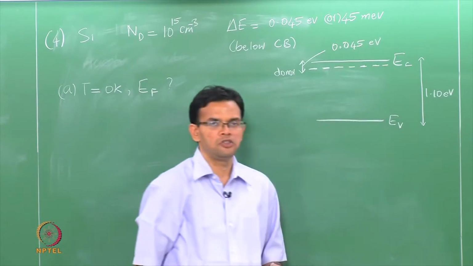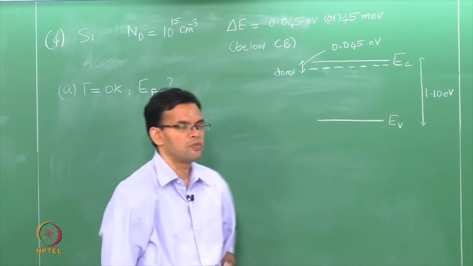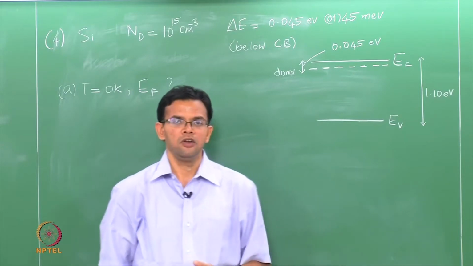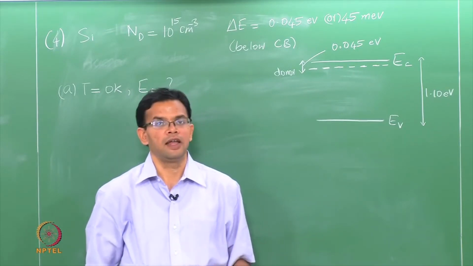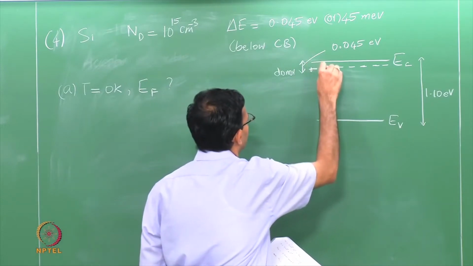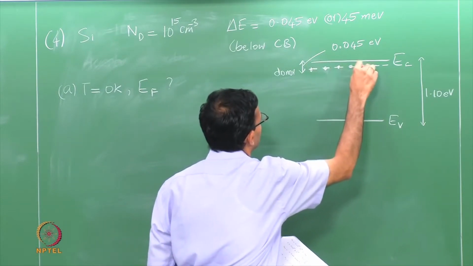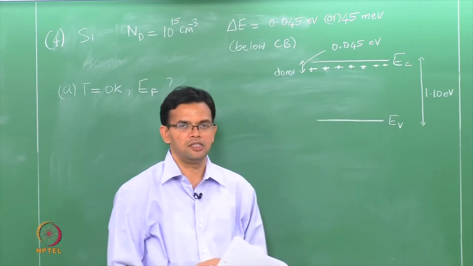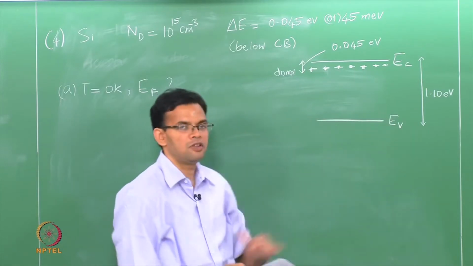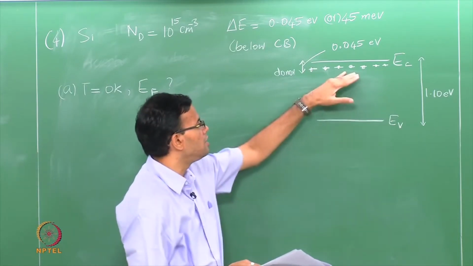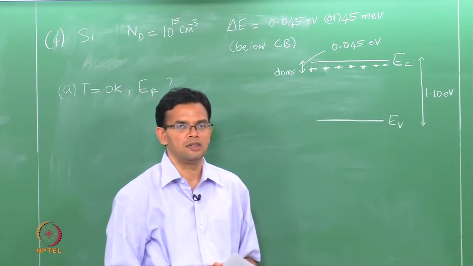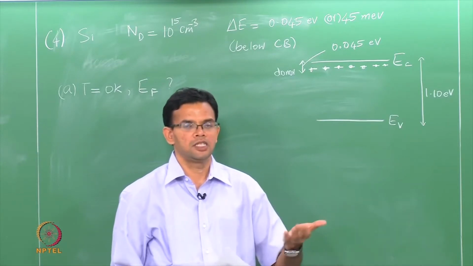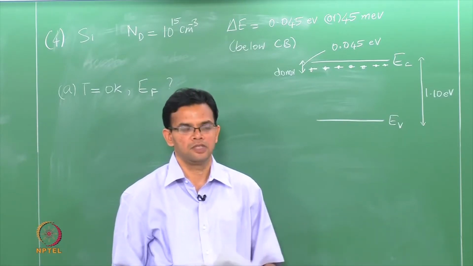The diagram is not to scale, but this just shows you that the donor level is very close to the conduction band. At 0 Kelvin the donor level is not ionized, so we basically have electrons here. The valence band is at a much lower energy level, so we can ignore the valence band and treat this as an intrinsic semiconductor with the donor level being the valence band and the conduction level being the conduction band of silicon.